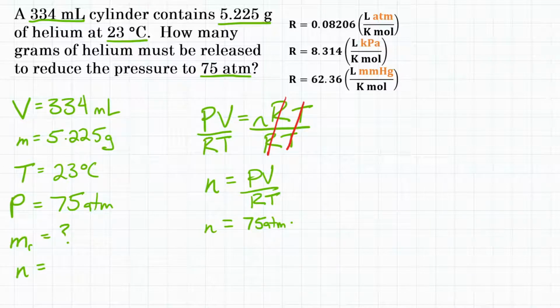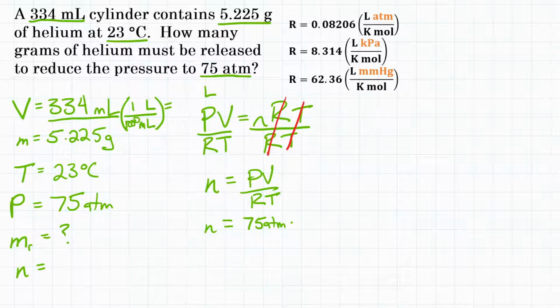Now we have a volume of 334 milliliters. We're going to need this volume in liters, so let's do a quick unit conversion. We're going to multiply that 334 milliliters by a conversion factor to get us so many liters. That conversion factor has milliliters on the bottom and liters on top, and for every 1 liter, that is 1,000 milliliters.